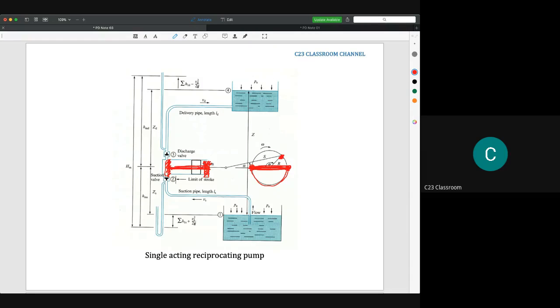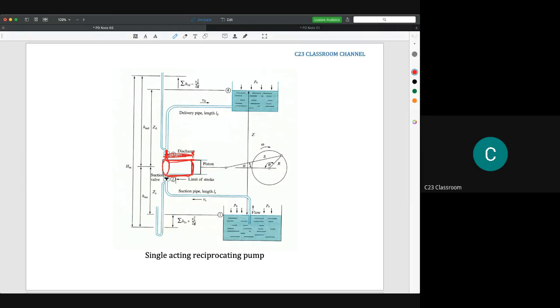If you understand this, it is easy for us to calculate the volume for the piston pump by knowing the cross-sectional area of the piston here and multiplying it by the height of the stroke motion of the piston.